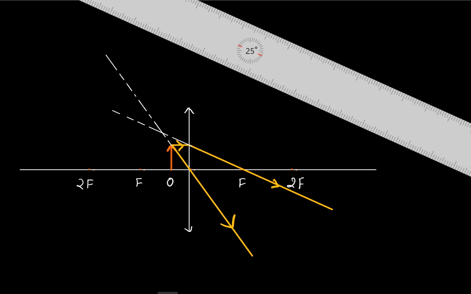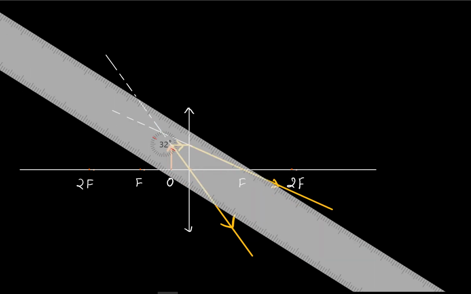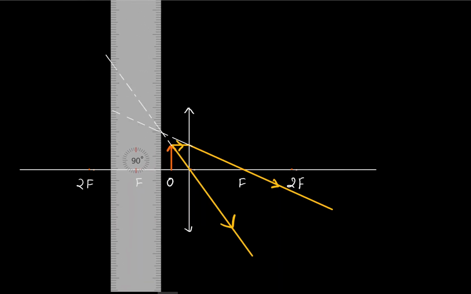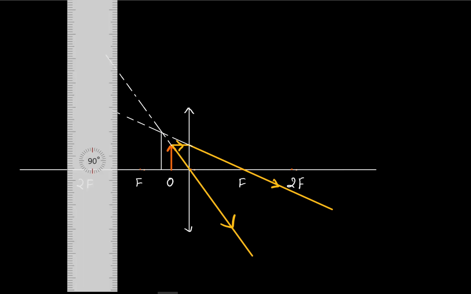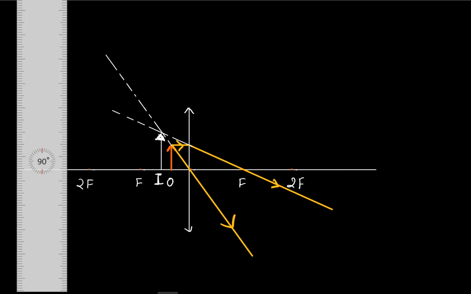Okay, so now where is my image formed? My image is formed exactly behind the object. So this is my image, and I mark this with an I. So let us describe our object and image.